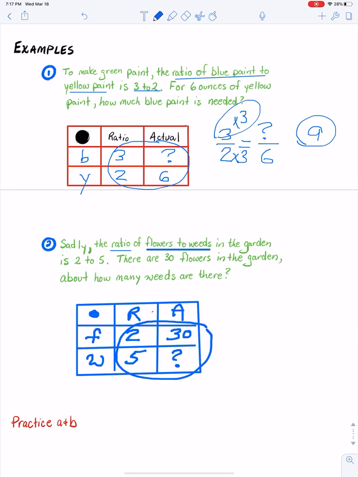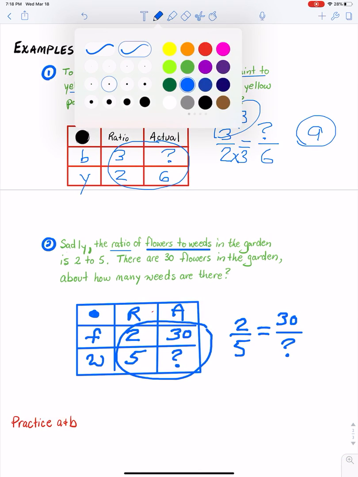Here is my ratio or my equivalent fraction. Let me write it over to the side. 2 over 5 needs to equal the equivalent fraction with 30 on the top, and I'm not sure what's on the bottom. I figure it out by deciding how to get from my 2 over to my 30.